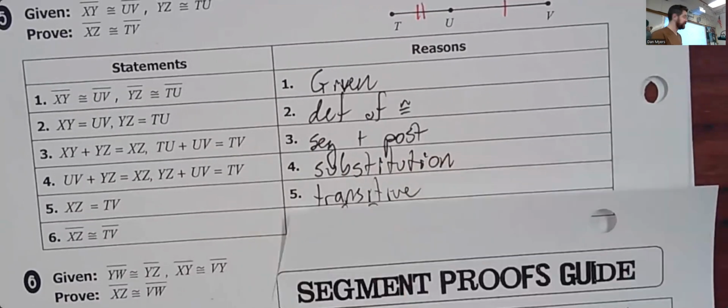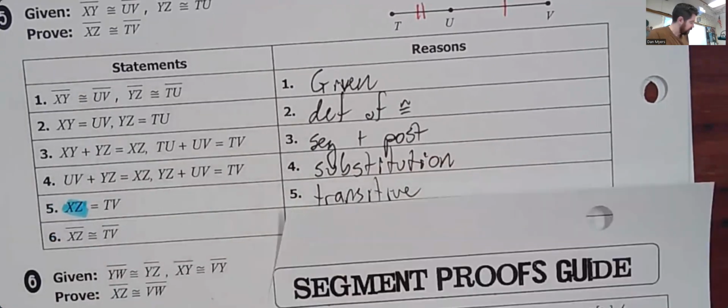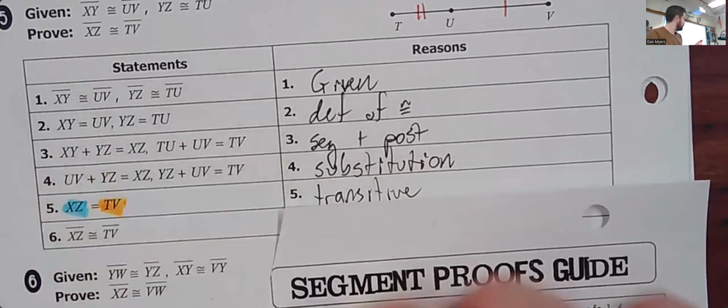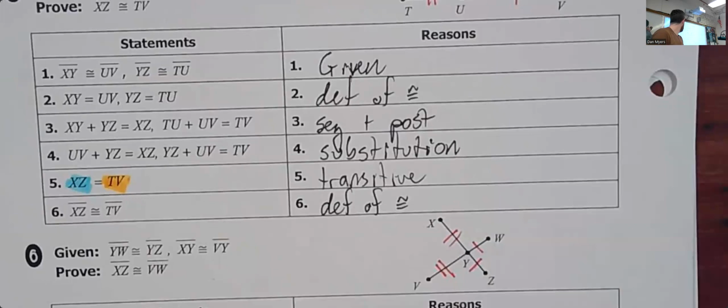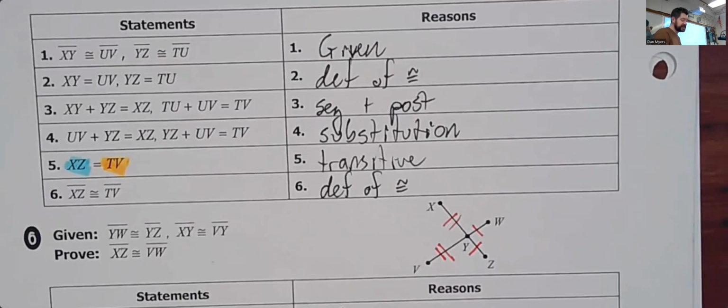Here we go. Let's look at transitive again. Here's our first thing, XZ. Here's our third thing, TV. Look in the previous step. Do XZ and TV, do those two different things equal the same thing on the previous step? So the previous step, what does XZ equal?